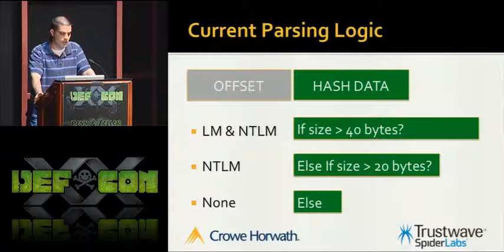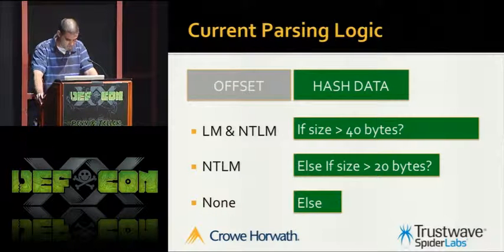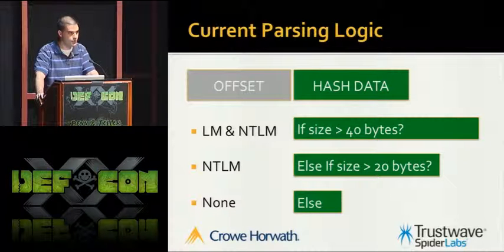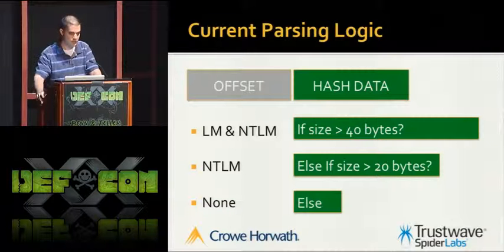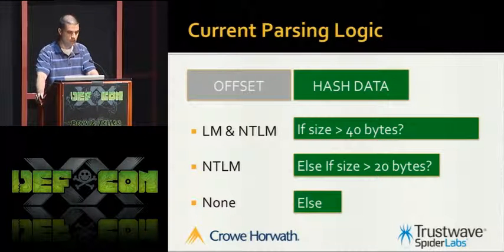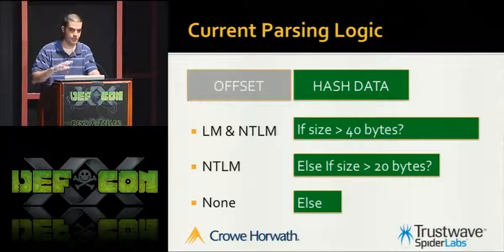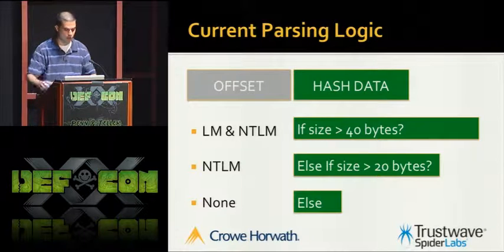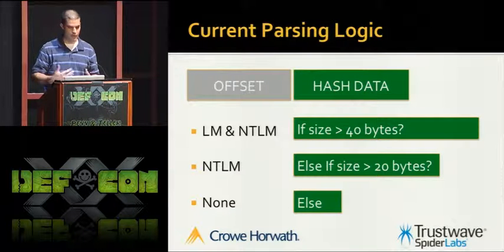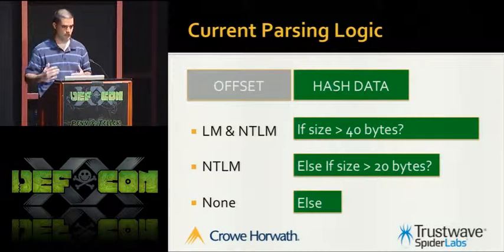If the length of hash data is over 40 bytes, then they assume that they have an LM and an NTLM hash, because each hash is 16 bytes and there's a 4-byte header for each. So if it's over 40, they probably have both hashes. Otherwise, if it's only over 20, they've got just an NTLM, and they parse that hash data completely differently, or there are no hashes. The main takeaway is that the way these tools decide to parse out the hashes is by measuring the length of hash data, which inherently leads us to the flaw.